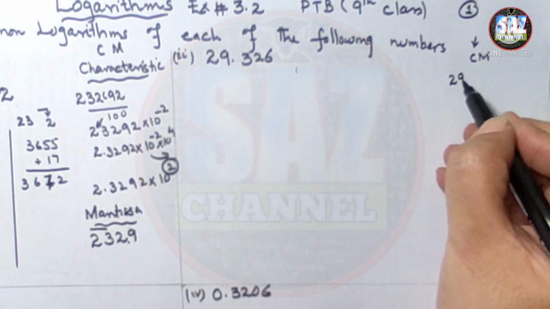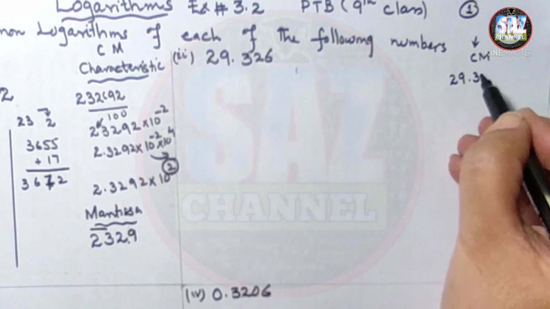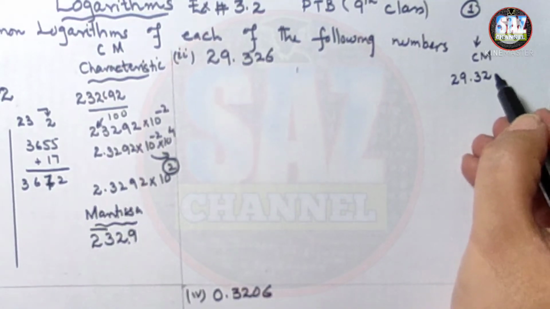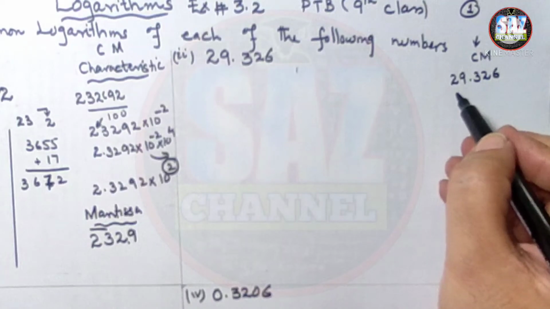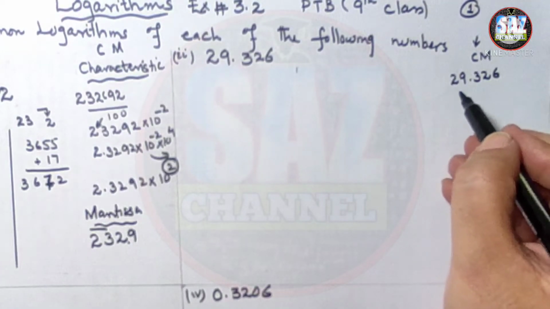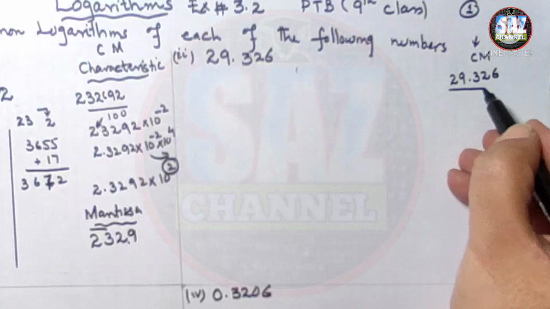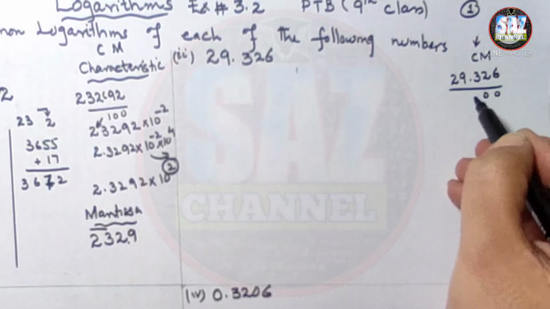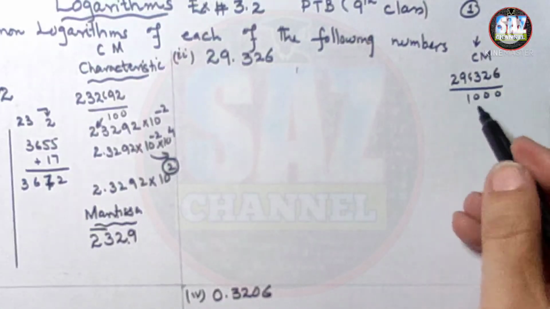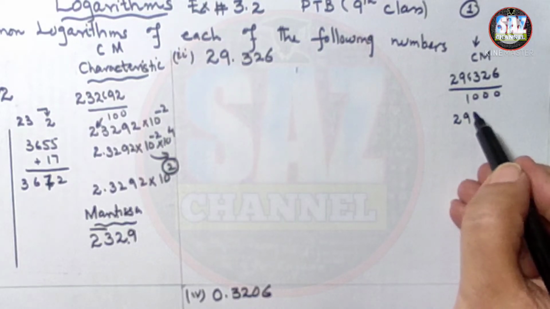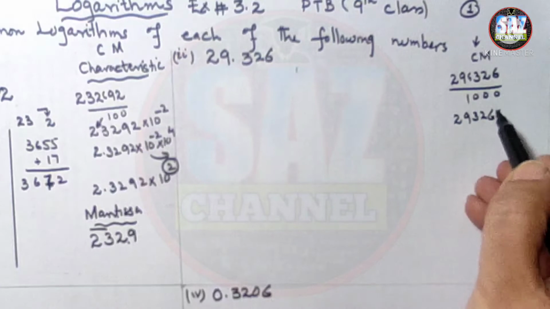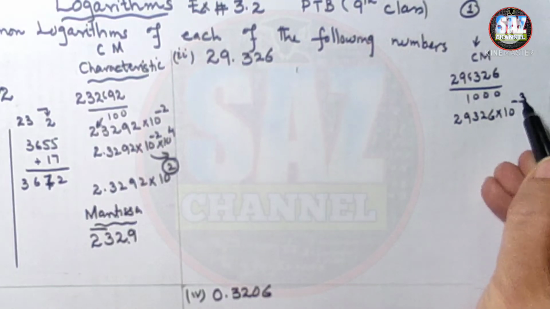As these are the introductory lessons, I will be doing complete working over here so that my students should not find difficulty in writing the number in scientific notation, and that will be the revision of the previous exercise as well. So first of all, I have to remove the decimal, and now it becomes 29,326 multiplied by 10 raised to power minus 3.